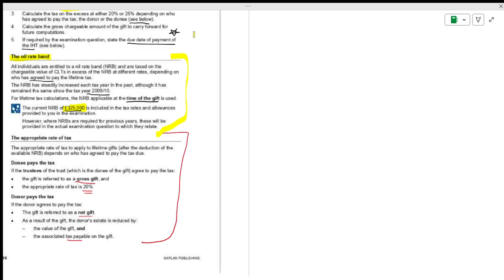For the lifetime tax calculation, the nil rate band applicable at the time of the gift is used. The current nil rate band is 325,000. This includes the tax rates and the allowance provided in the exam. So the nil rate band is 325,000.